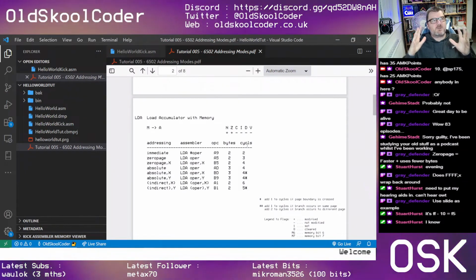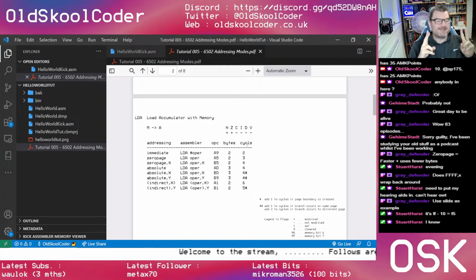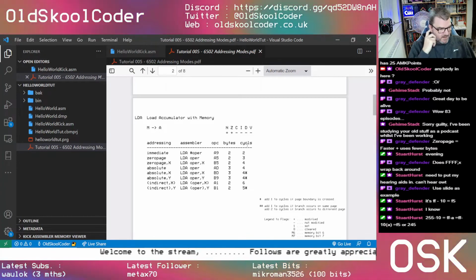It allows you to have the full flexibility of the jump without the rigidity of the absolute jump.